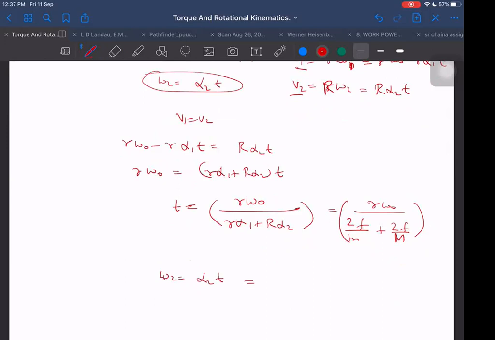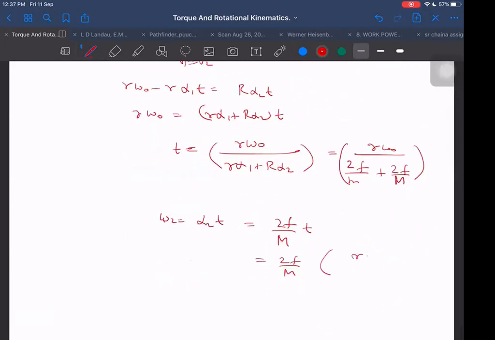It will become 2f by capital M into t, which will be 2f by capital M into capital R into r omega naught upon 2f by small m plus 2f by capital M.